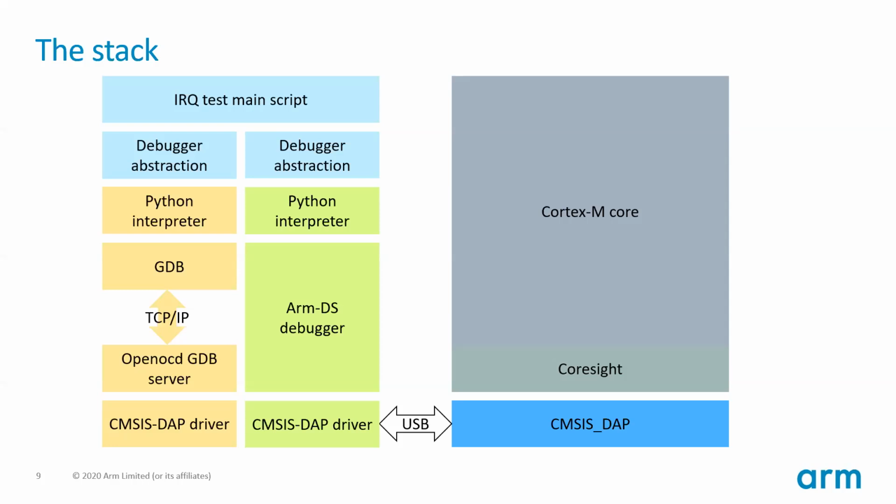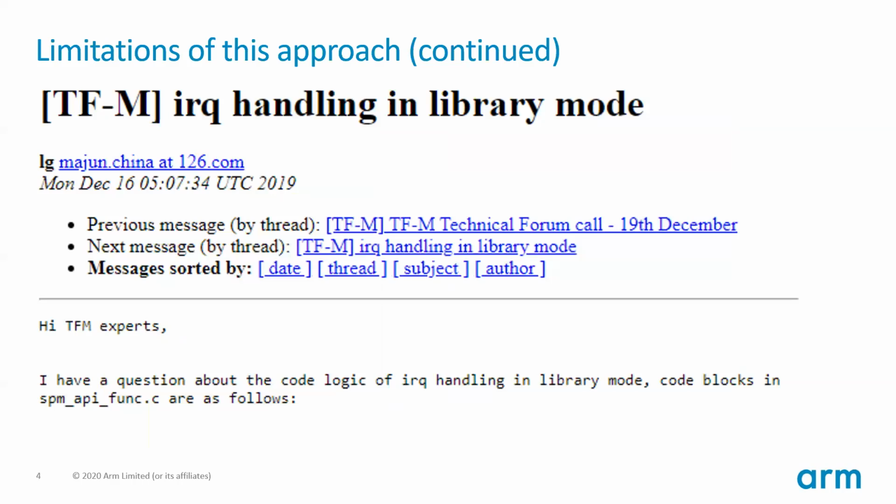Well, solving the issue itself wasn't too difficult because there is some kind of stacking mechanism implemented in a library model for the interrupt handling, and what our partner noticed is that the popping and pushing mechanism wasn't properly implemented.